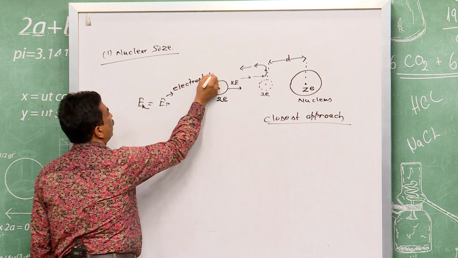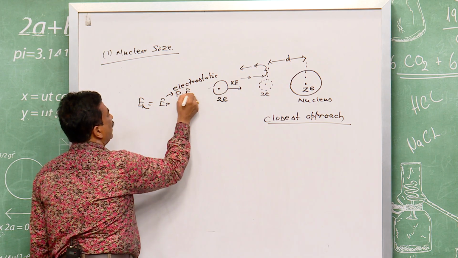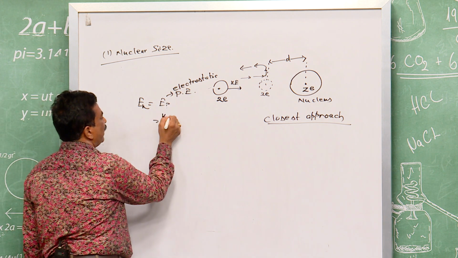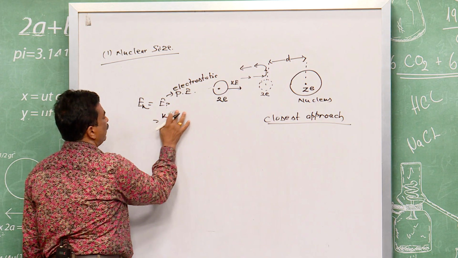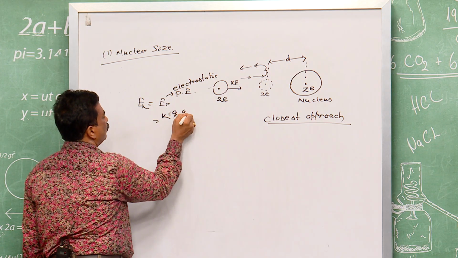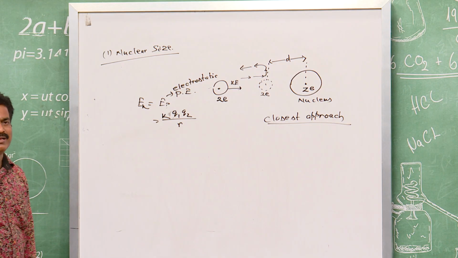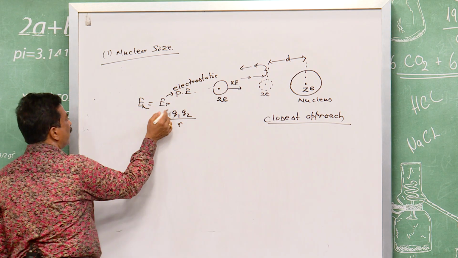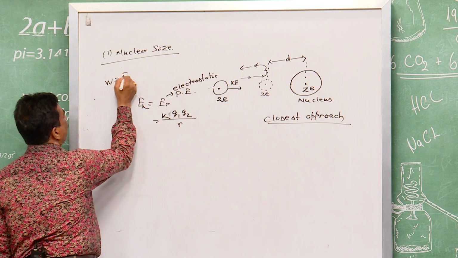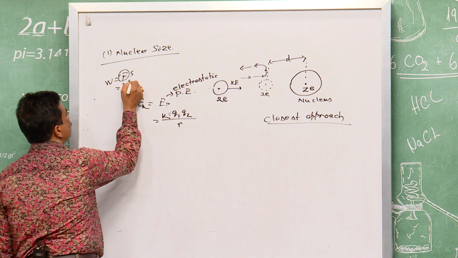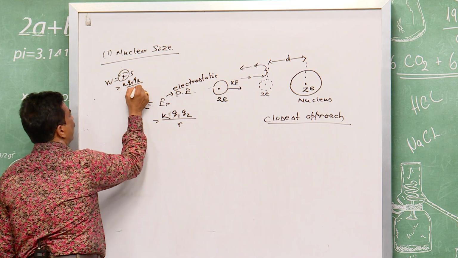Electrostatic potential energy, and that electrostatic potential energy is how much? K Q1 Q2 by R. Because the work W is equal to Fs, where force is equal to K Q1 Q2 by R square.